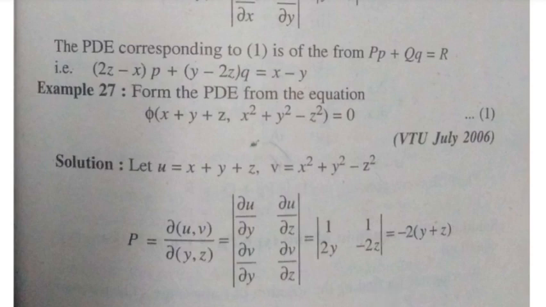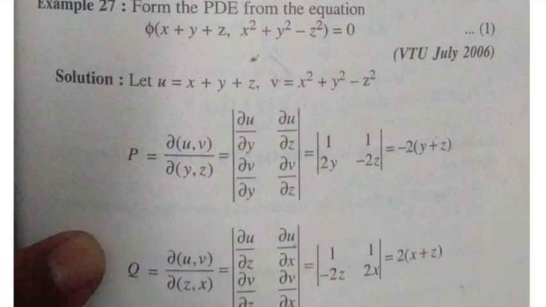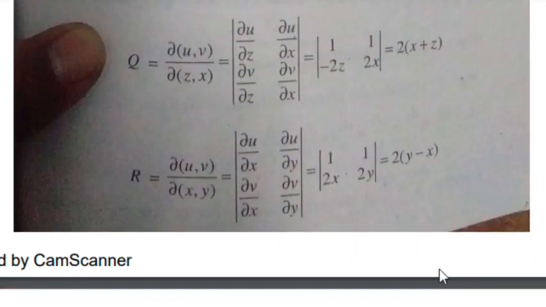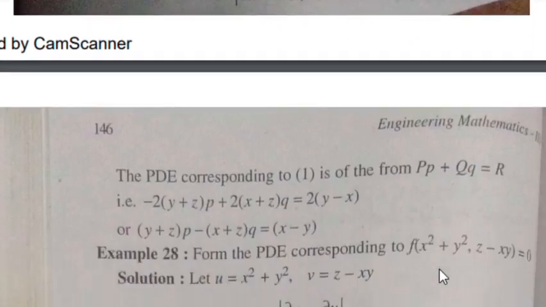Similarly you find Q, the Jacobian of (u, v) with respect to (z, x), and this is 2 into (x + z). Next, similarly find R, you will get 2 into (y − x). After finding all the values of P, Q, R, just substitute them in the equation Pp + Qq = R, and this is the required partial differential equation.